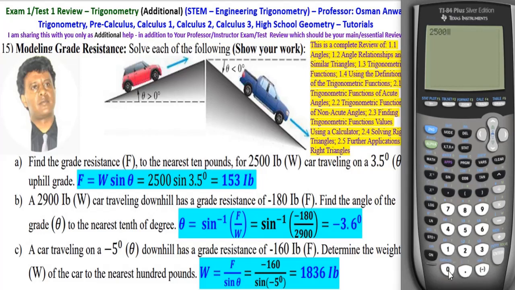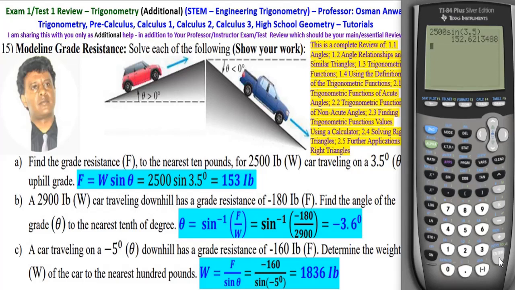F equals 2,500 sine 3.5. And that is 153 pound.